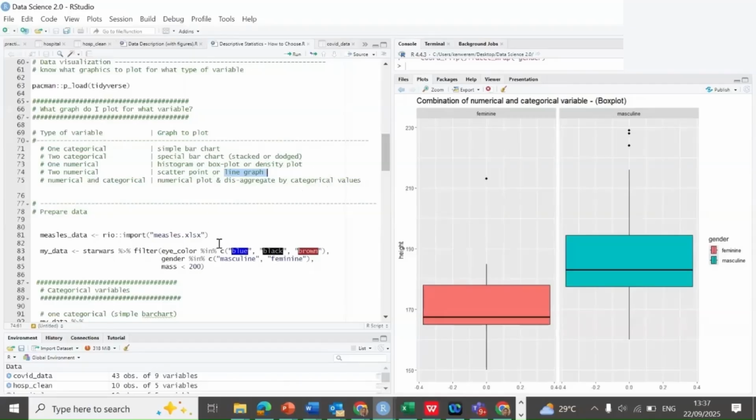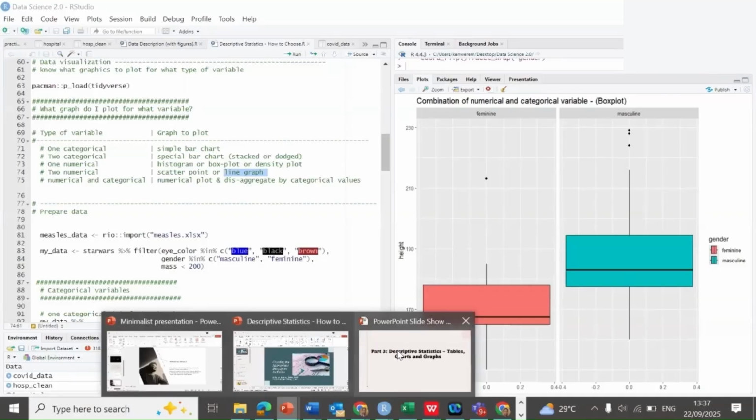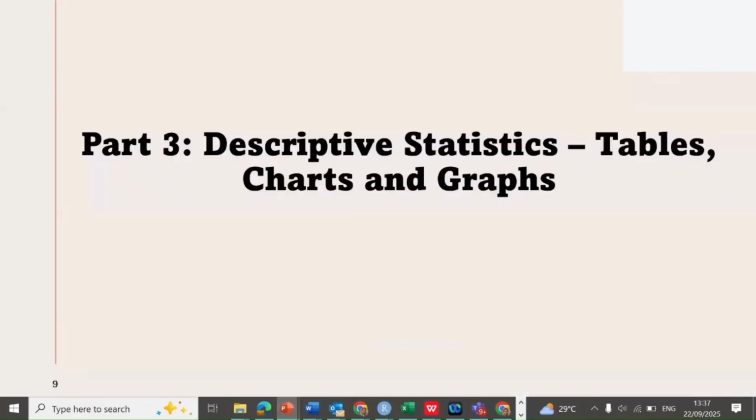So this is how we match which graph to which variable. Now let's go back to our slide.